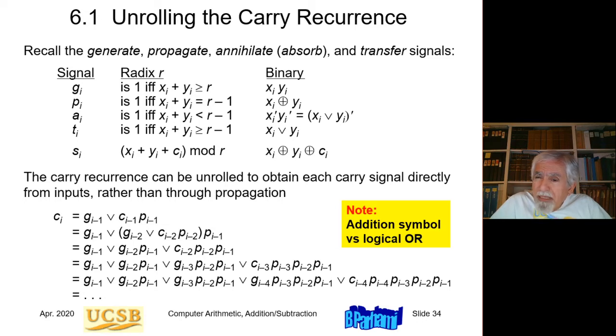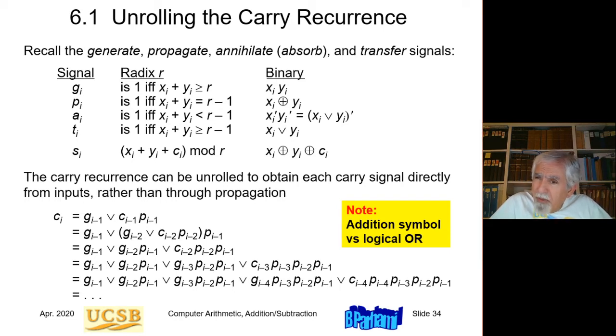If the sum is exactly equal to r minus 1, let's say 9 in decimal, then that position propagates carry. And if the sum is less than 9 in decimal, or less than r minus 1 in general, that position annihilates or kills carry.